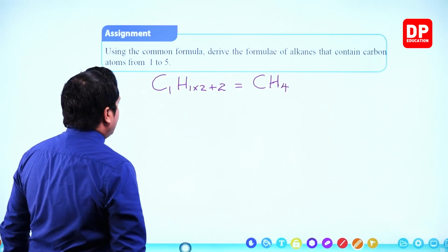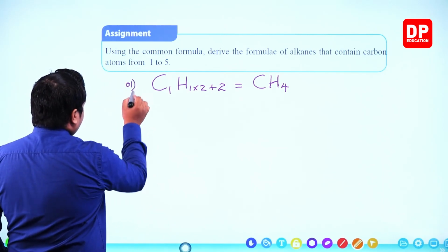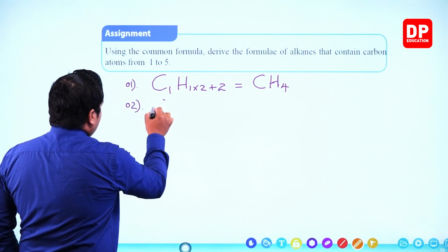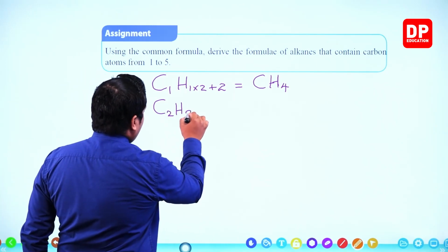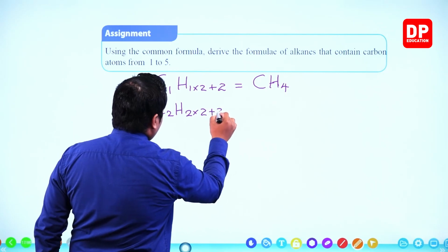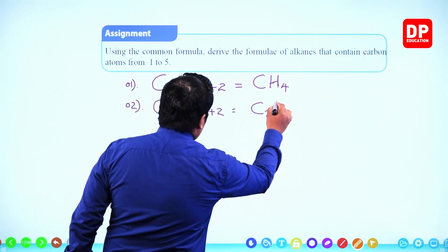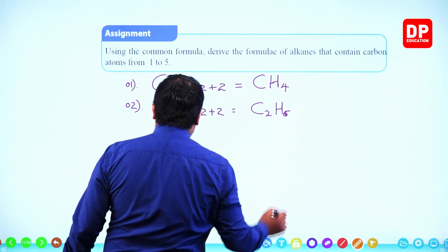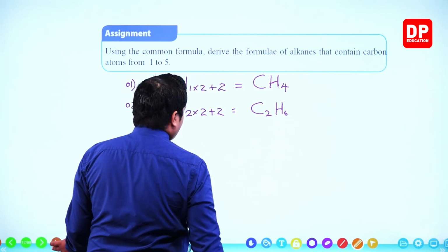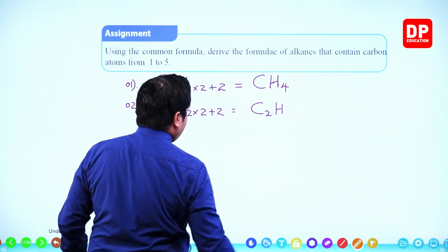Right? Number 2. So, second one, now 2 carbon atoms. So, hydrogen is equal to 2 times 2 plus 2, C2H6. This is ethane, right?